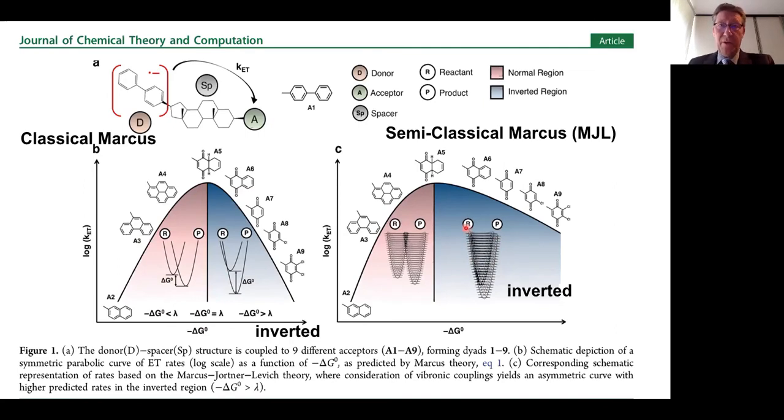So not only the electronic parts play a role, but also the vibrational parts. So the overlap of vibrational wave functions in the inverted region increases and becomes more important, and that makes the rates faster. And we will get back to this.